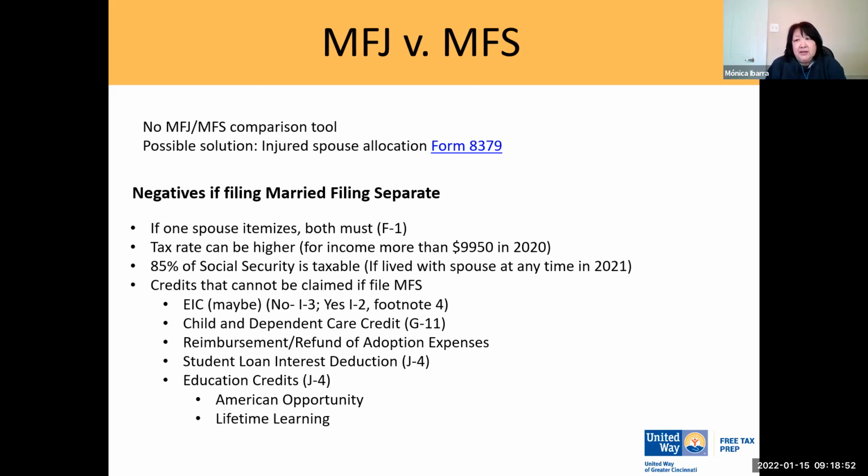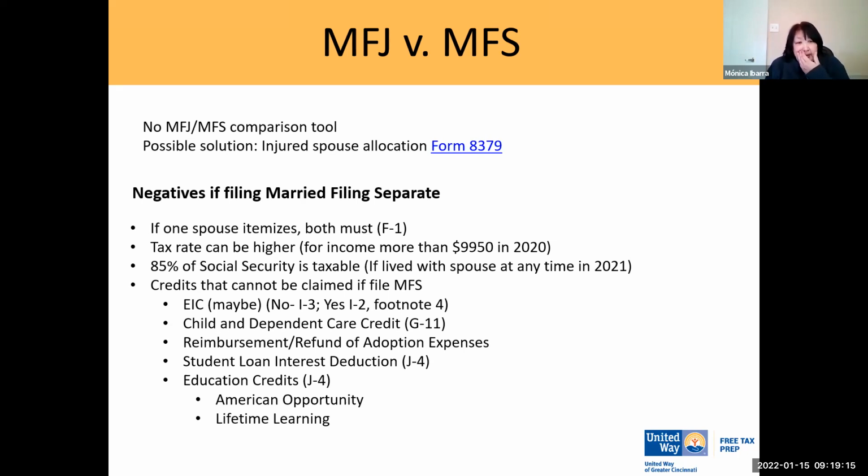If you have no other income other than Social Security and you file married filing separate, then generally you would think that none of your Social Security would be taxable, but that is not the case in married filing separate. There are also credits that you cannot claim if you're married filing separate.